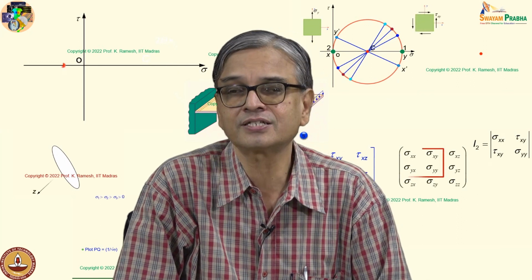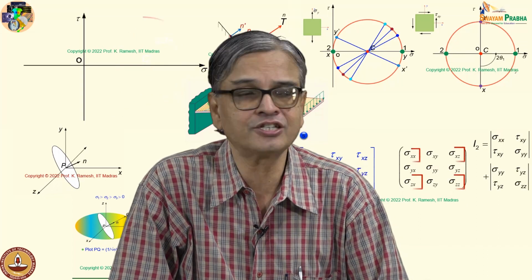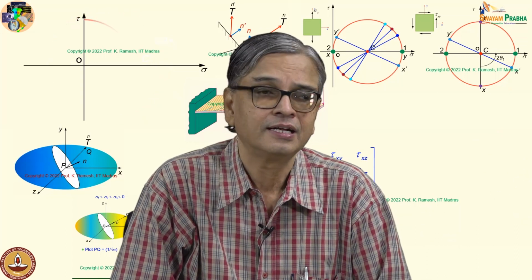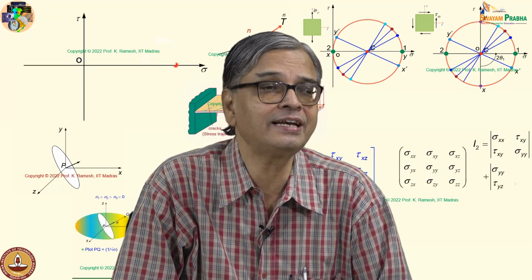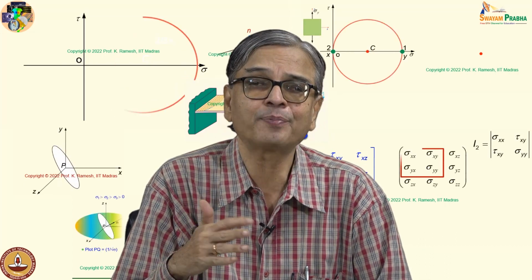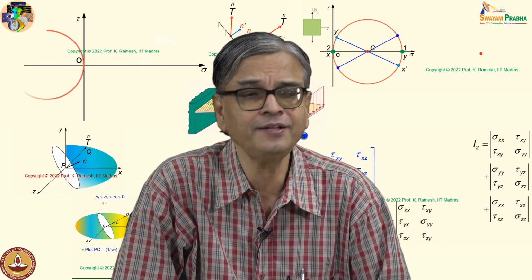So, in this class, we have looked at two more graphical representations of state of stress at a point. They showed that Mohr circle is by far the best graphical representation for state of stress. Then we mathematically developed what are the principal stress magnitudes as well as the directions, and in the process we identified a new set of quantities called invariants I1, I2 and I3.